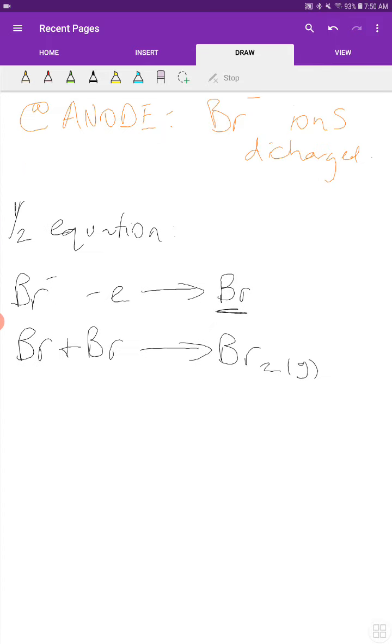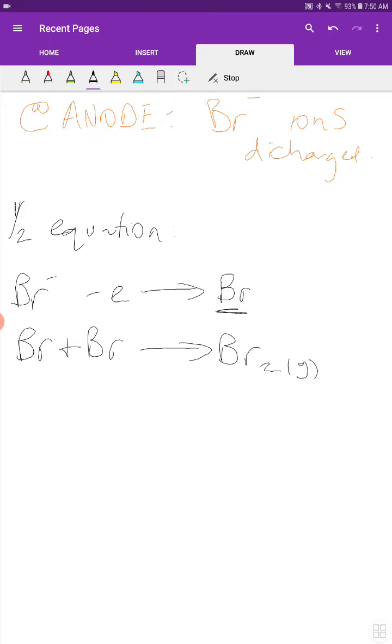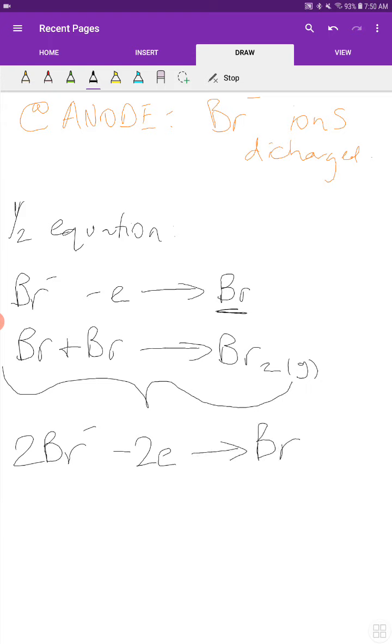Now, just like in the previous example, we can merge these two equations together and we can just say that two Br minus ions lose two electrons to form Br2 in the gaseous state. All right.